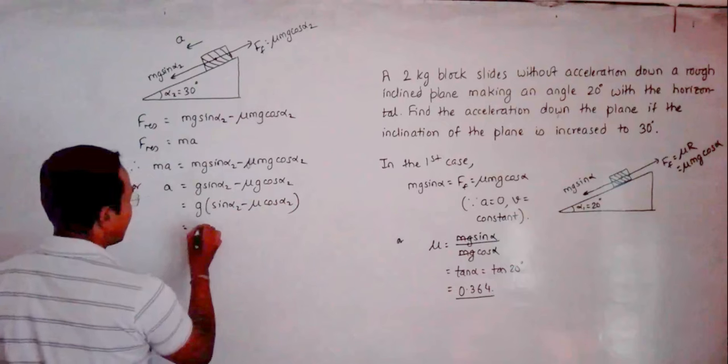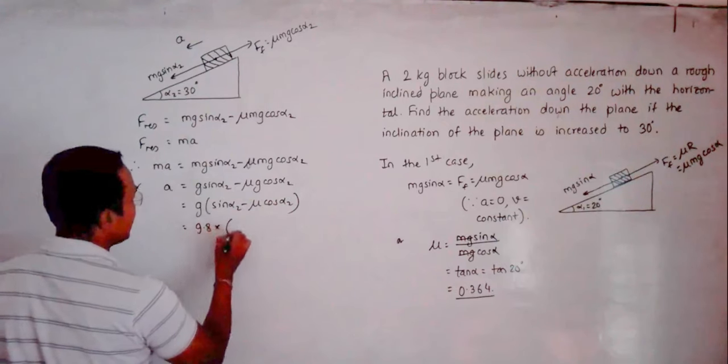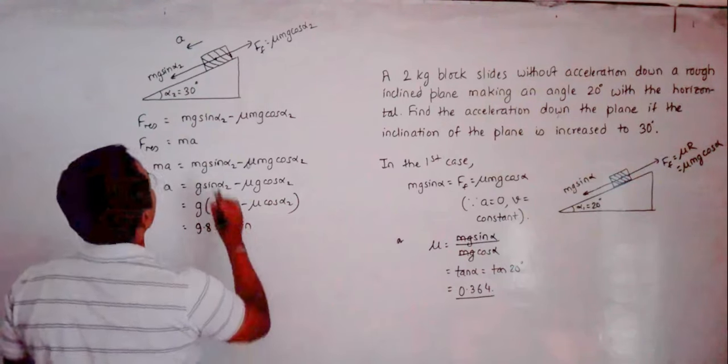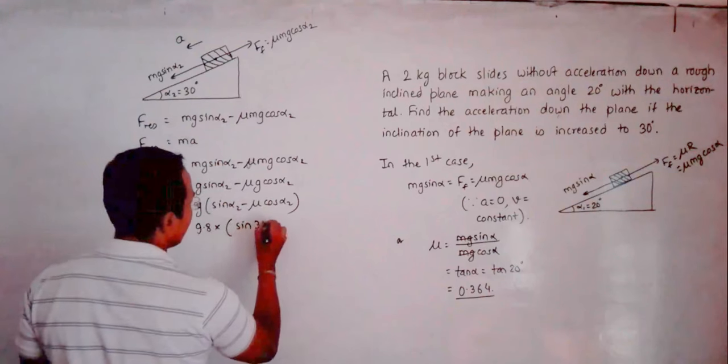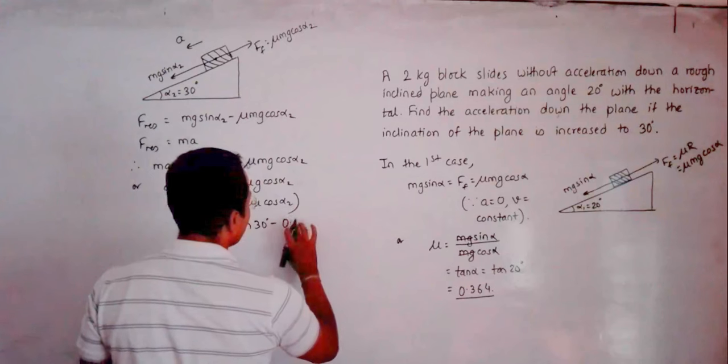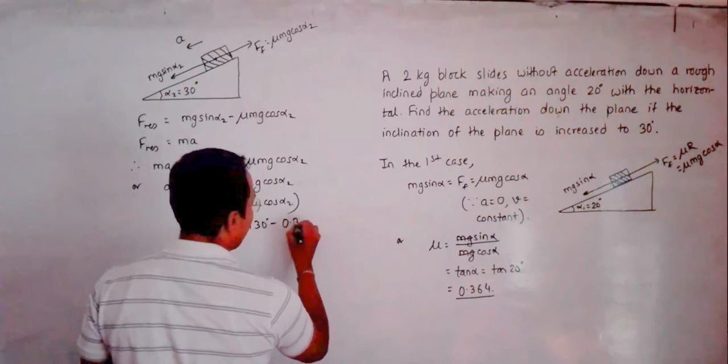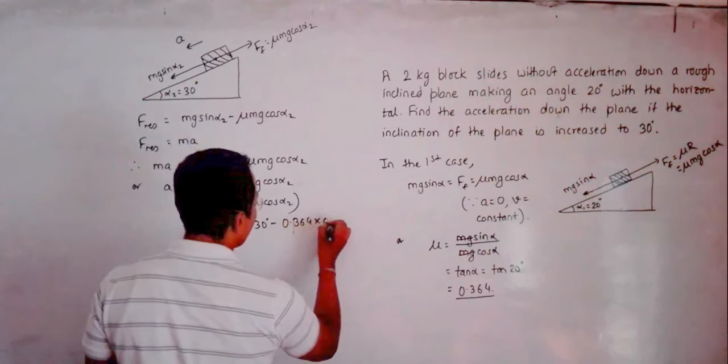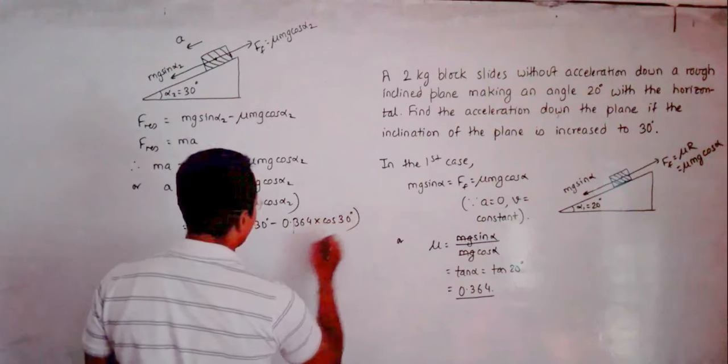So let us say it is 9.8 into sine 30 degrees, since the new angle is 30 degrees, minus mu, which is 0.364, into cos 30 degrees.